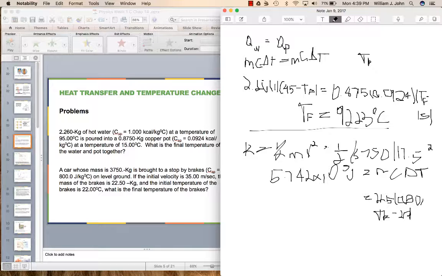Okay, and again, if you want to do the math yourself, you can, but if you do this, you get 53.9 degrees, which again sounds about right to me.